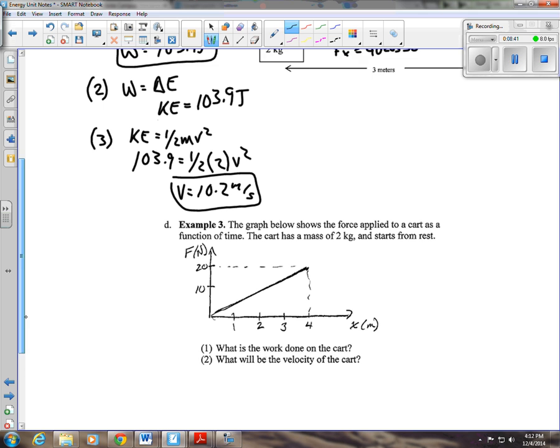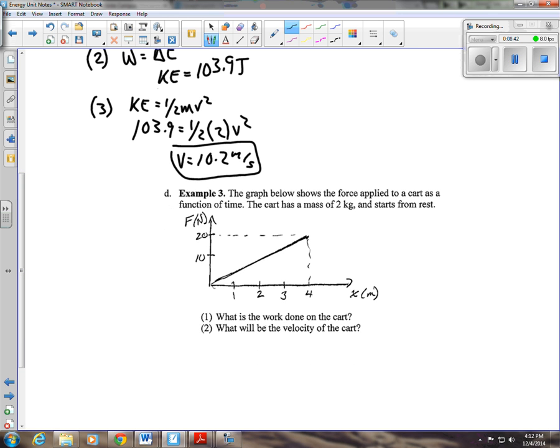We got another example. Now, in the last unit we said that on a graph of force versus time, the area underneath it is equal to the impulse, force times time is the impulse. In this case, force times distance is work, so the area is equal to the work.